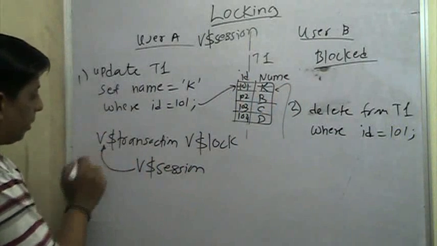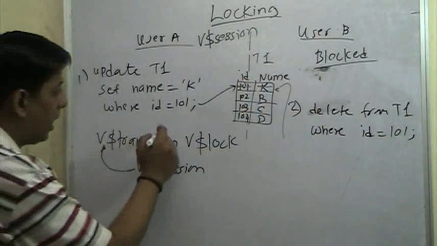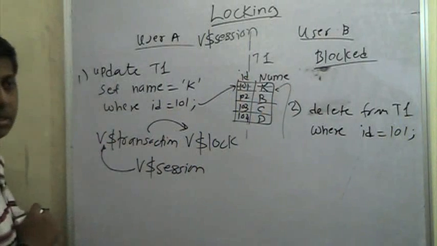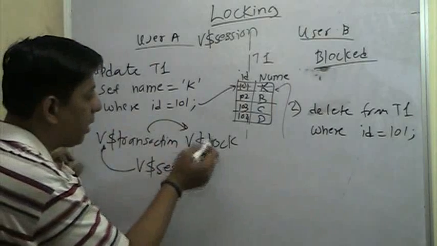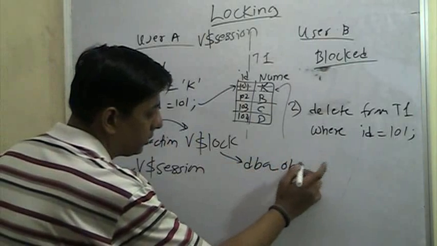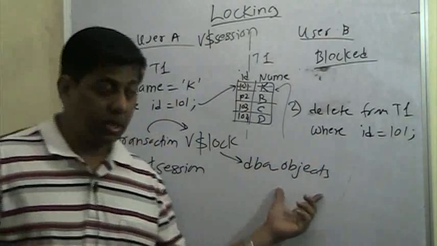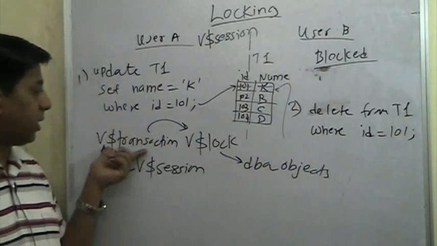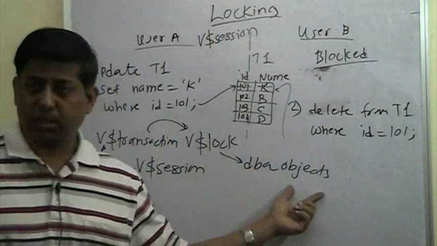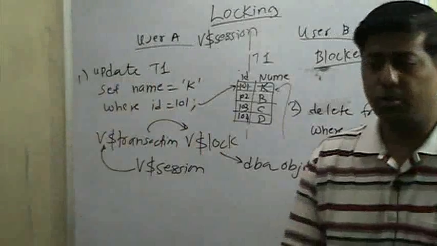It is joined to V$TRANSACTION, which gives you the transaction information and the locks acquired by that transaction. Then this is joined with DBA_OBJECTS, which gives you a list of all the objects. So you see which user, through which transaction, has locked which object.